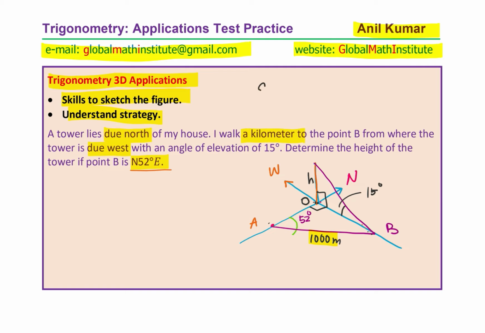Using SOHCAHTOA. So sine is opposite to hypotenuse, cosine adjacent to hypotenuse, tan opposite to adjacent. You are looking from the angle which is 52 degrees in a right angle triangle, that becomes the opposite side, and this is the hypotenuse, and therefore you will use the sine ratio, correct?